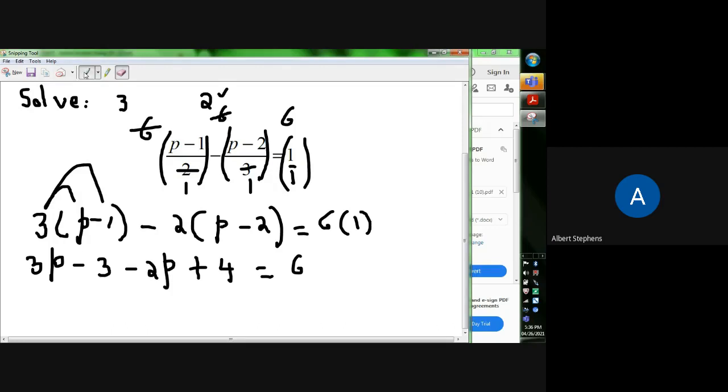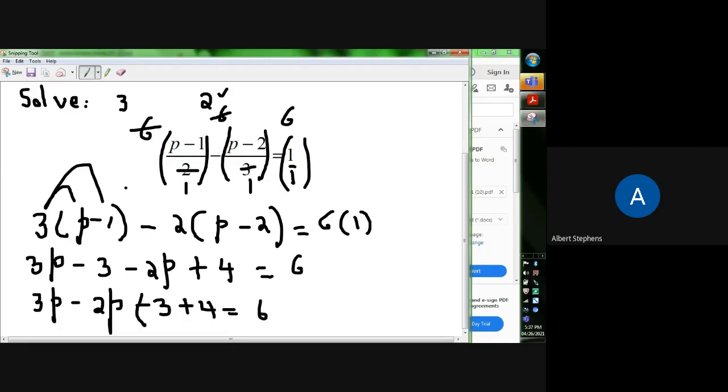All right, now we're going to solve this. Watch out now. We're going to group like terms. So 3p and 2p will go together. So 3p, and this subtraction sign came from this 2p. And then we notice we have negative 3 and positive 4 equals 6.